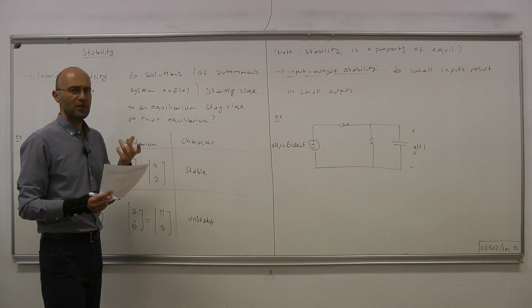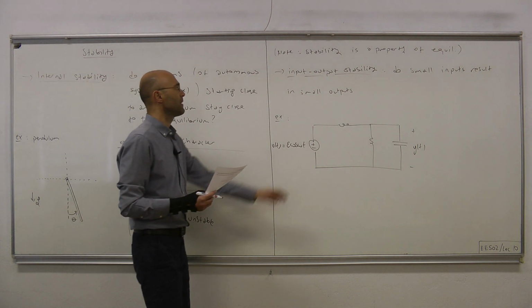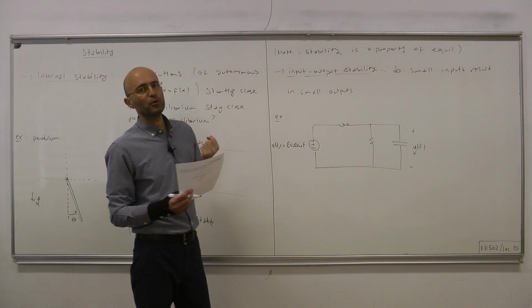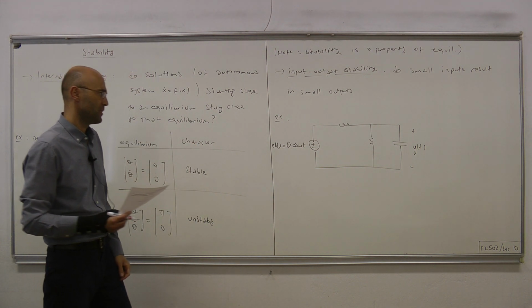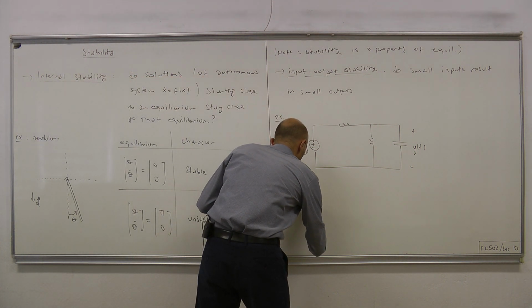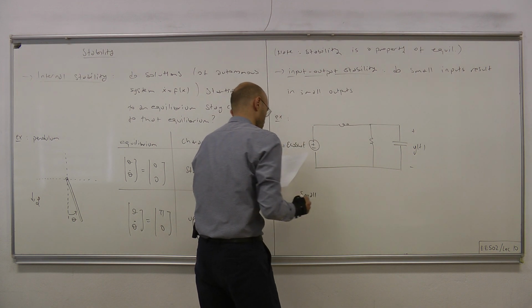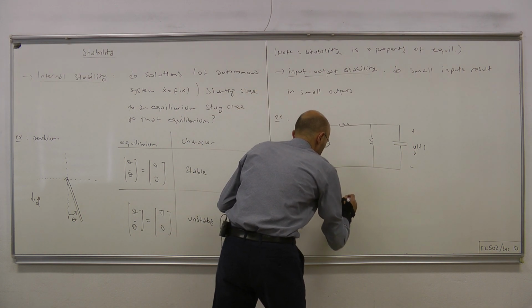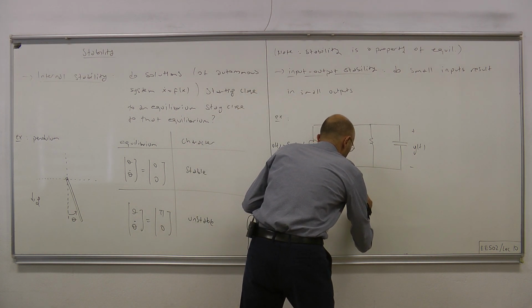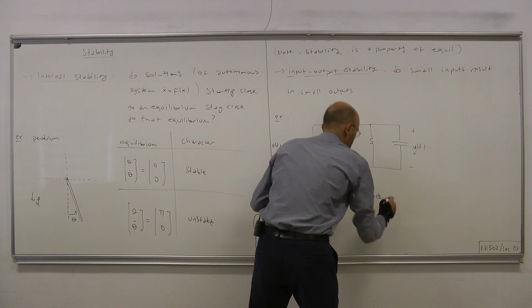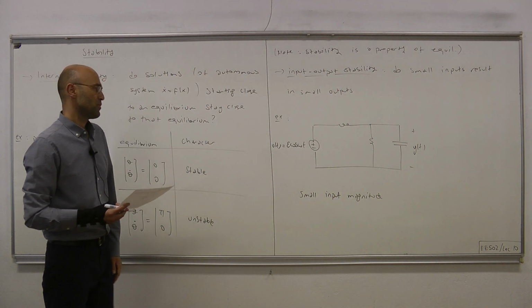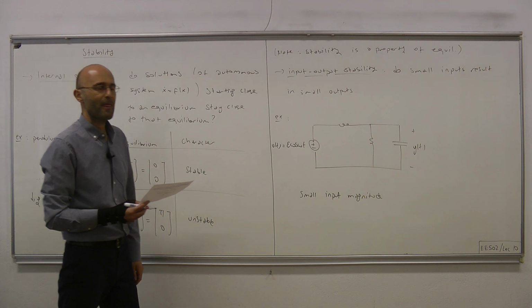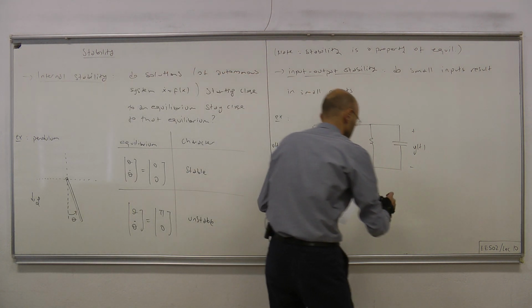And when that relation is important, we will be studying it under the title bounded input, bounded output stability. So for such systems, it's important whether small input magnitudes produce small magnitudes at the output side.